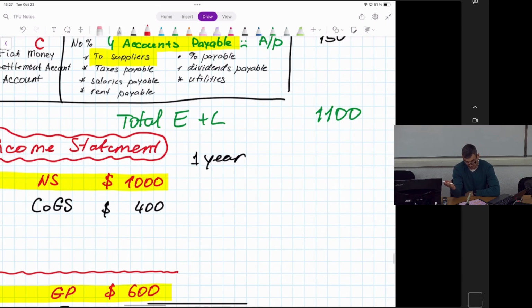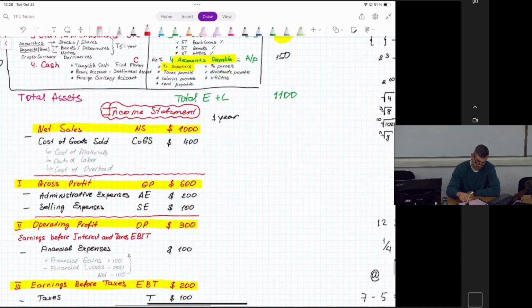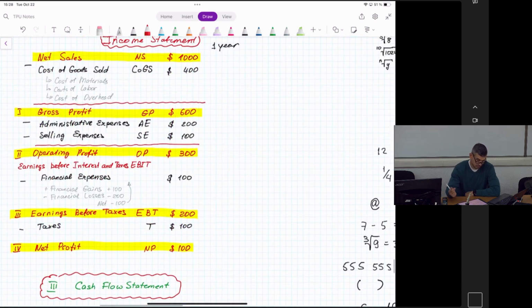So again, difference between income and expenses over a certain period of time. In the same way, you can go to earnings before taxes. The 200 is the difference between net sales and cost of goods sold, administrative expenses, selling expenses, and financial expenses over 1 year.